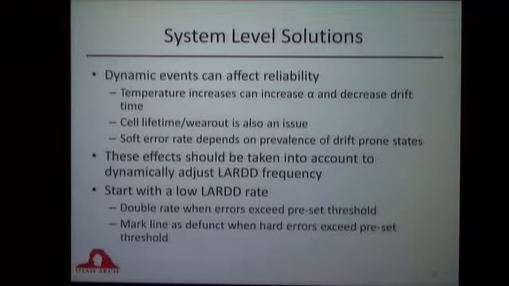For example, you can start with a really low LARD rate, that is, you have a large amount of time between two LARD cycles. But as and when you detect, say, increased temperatures, or you detect hard errors creeping up into your memory lines in the system, you double or triple or increase your refresh rate or LARD rate by a certain amount.